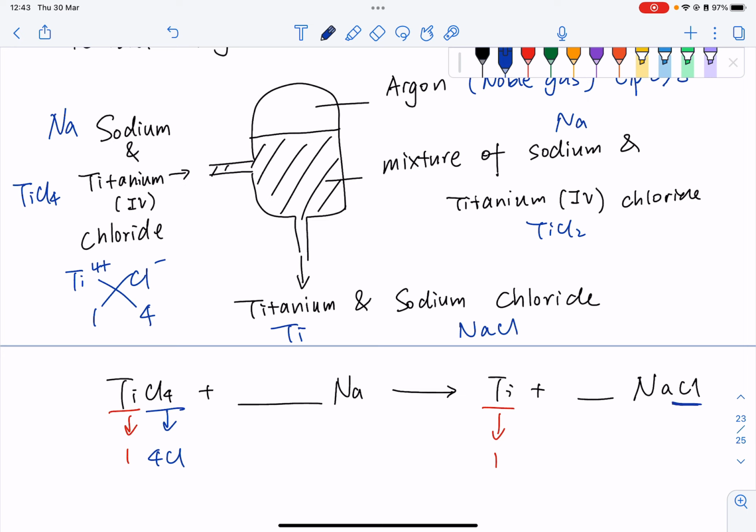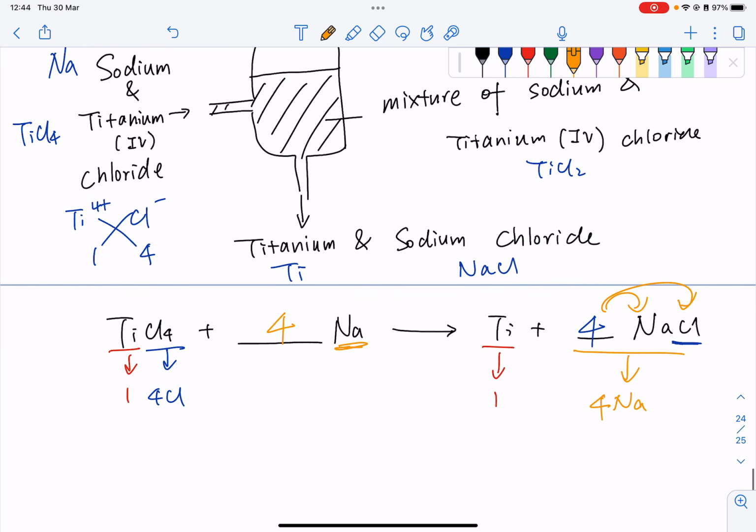So we put a number 4 in front of it, right? And then let's take sodium. Remember the rainbow method? Now we have 4 sodium here, right? But we only have 1 on the other side, so we have to put another 4 here, right? Is it balanced now? Yeah, if you check it, it should be balanced.